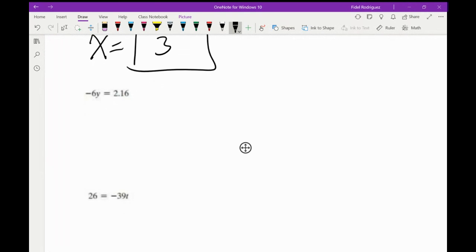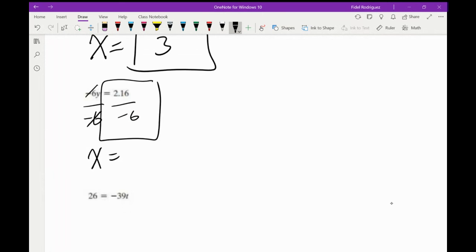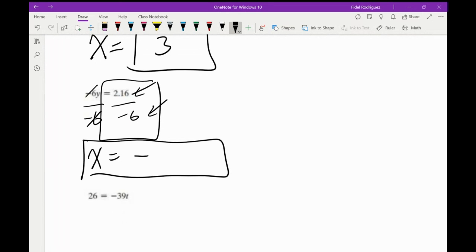All right, same thing here. Negative 6 and negative 6. Okay, so first thing I notice, a positive divided by a negative is going to be a negative number. So whatever I get, it's going to be negative. So on my calculator, y'all, I'll show you how I'm going to do this.